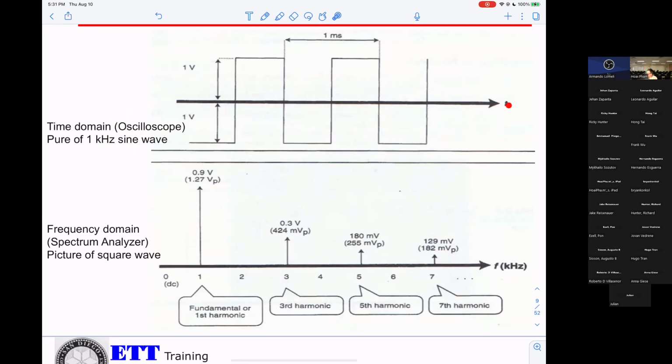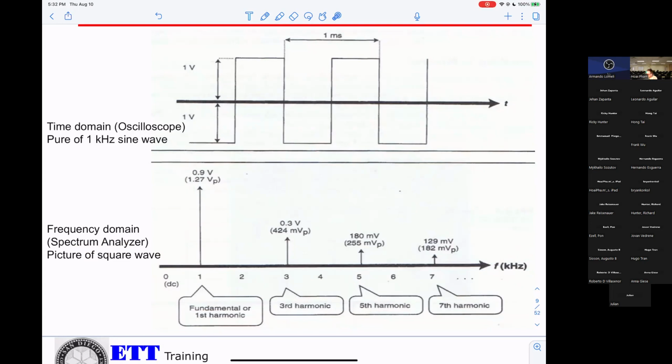Okay, time domain. And now, when they display it on the spectrum analyzer, that means frequency domain. It's the same square wave.